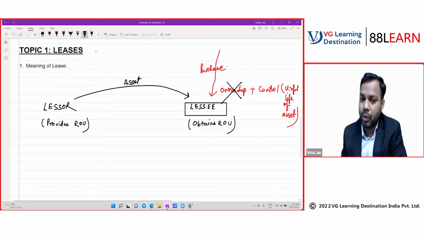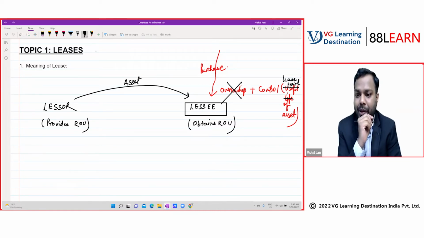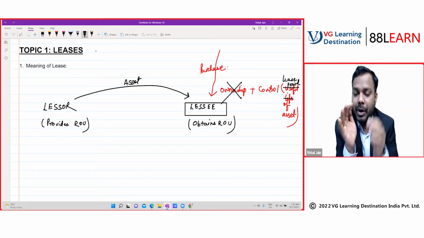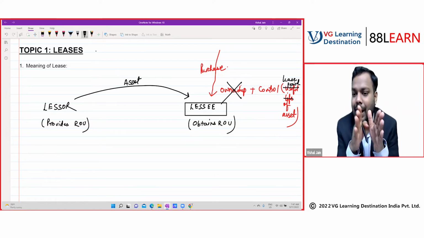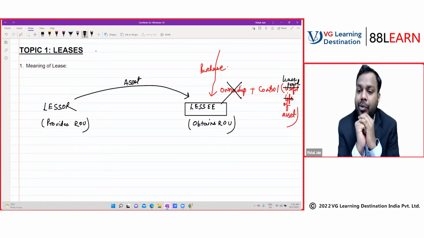I will get the control over the lease period. Wonderful answer. So you'll get the control over the lease period. So that's the difference between a purchase transaction and a lease transaction.